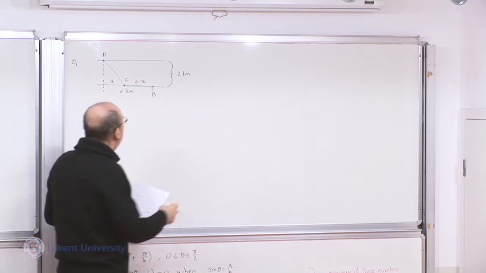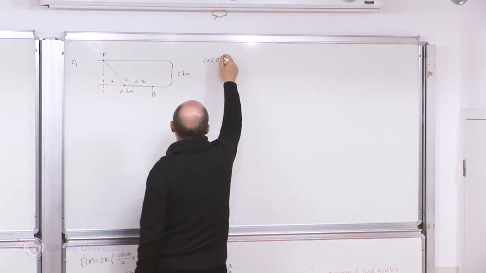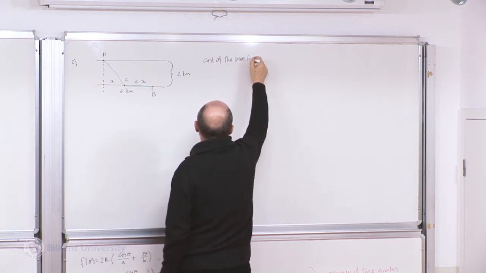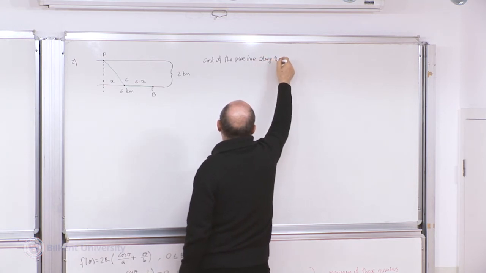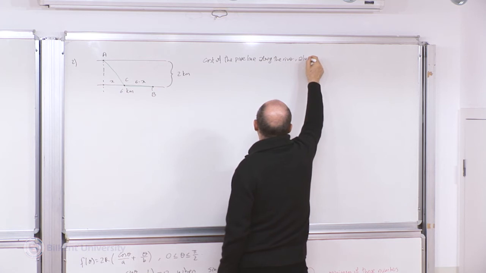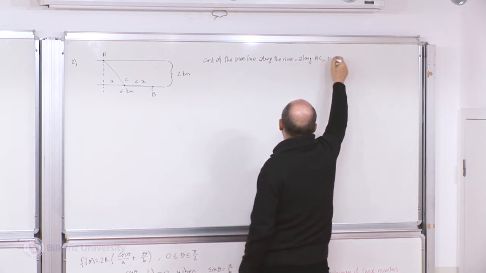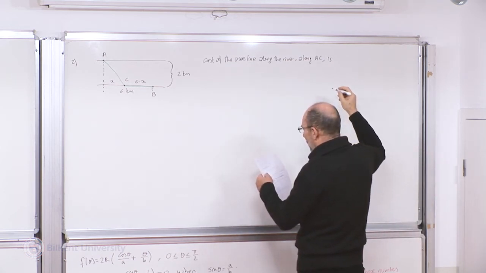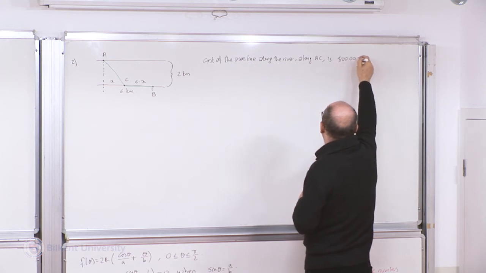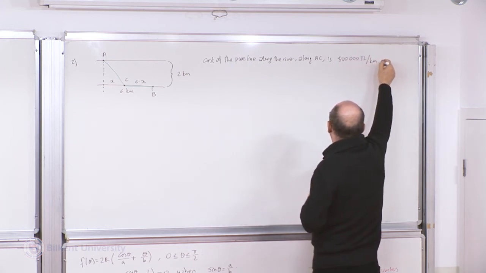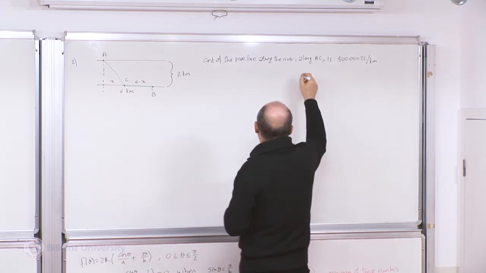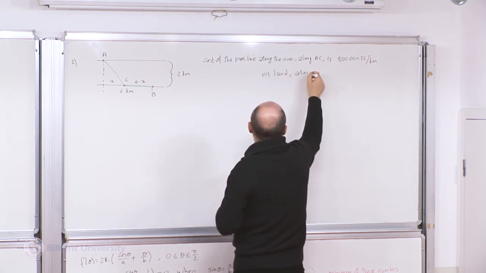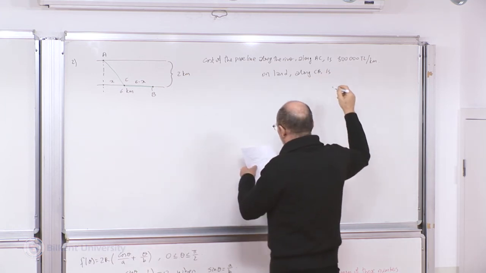So the cost of the pipeline along the river, in this case along AC, let me see what the book is saying, is 800,000 TL per kilometer. On land, along CB, it is half of this.